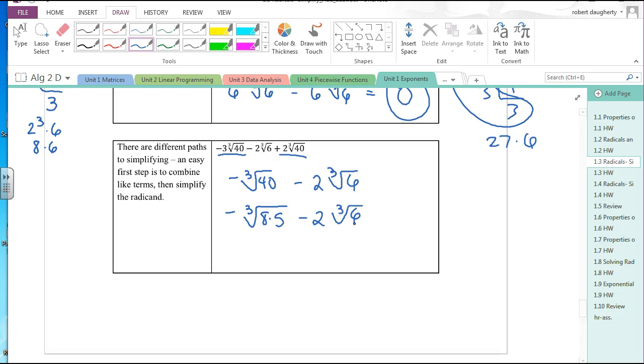Negative 3 times the cube root of 40 plus 2 times the cube root of 40 is what? Negative 1 cube root of 40. So what's the cube root of 8? Yeah, so I'm going to have negative 2 cube root of 5 minus 2 cube root of 6. Can I add those together? Yes or no? No, that's as far as this one goes, okay? Negative 2 cube root of 5 minus 2 cube root of 6.